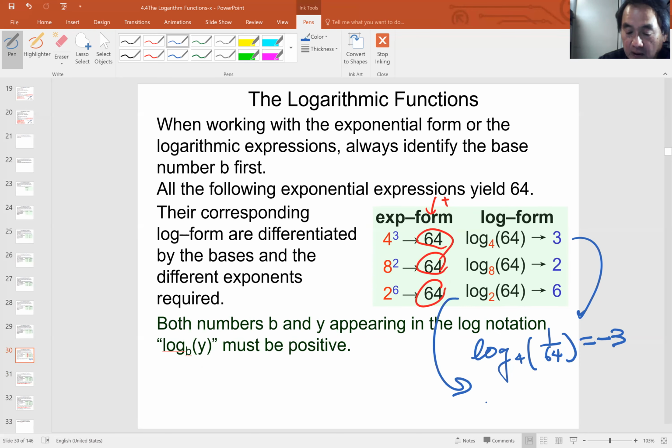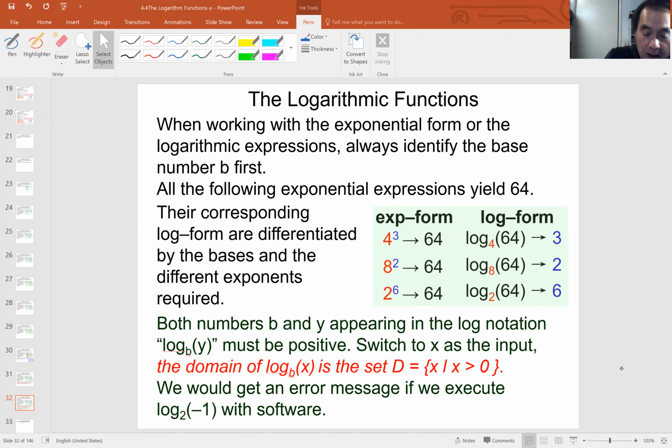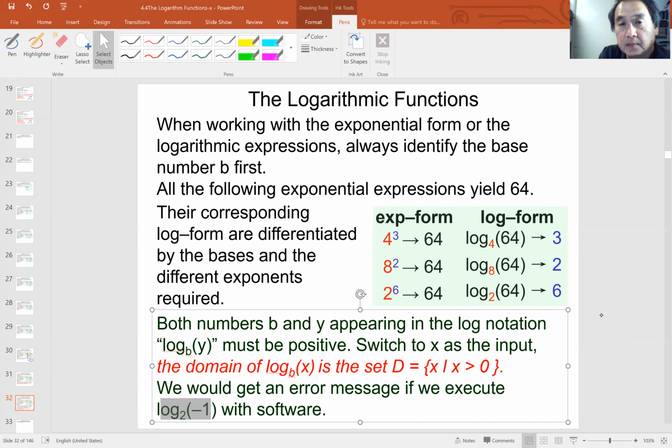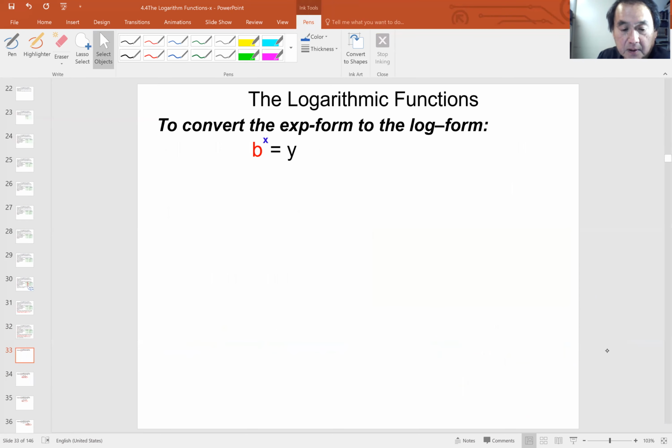And the same thing, if I was doing log base 2 of 1/64, then the answer will be minus 6. Negative means it's reciprocated. And so the domain for the log function has to be positive numbers. Otherwise it doesn't make sense. The calculator will say it's invalid.